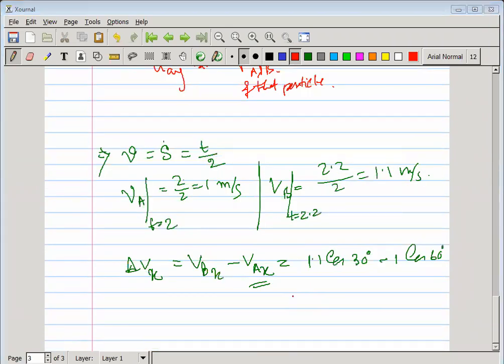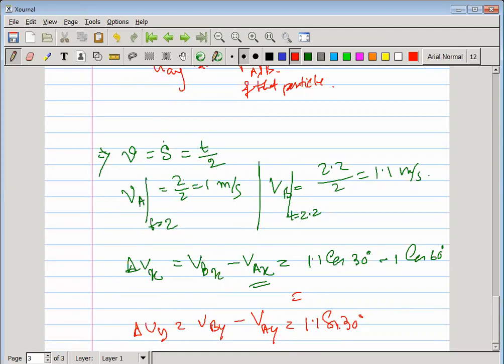So we have to solve this. And similarly delta Vy is VBy minus VAy, so it is 1.1 sin 30 degrees minus 1 sin 60 degrees. This will give you two values.